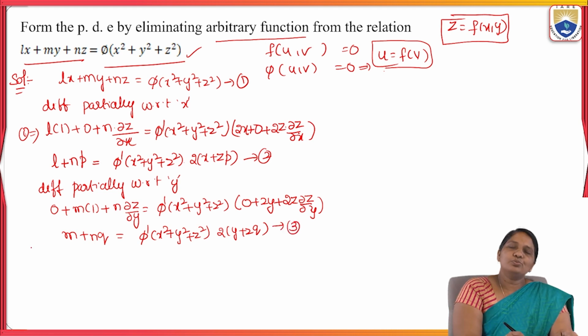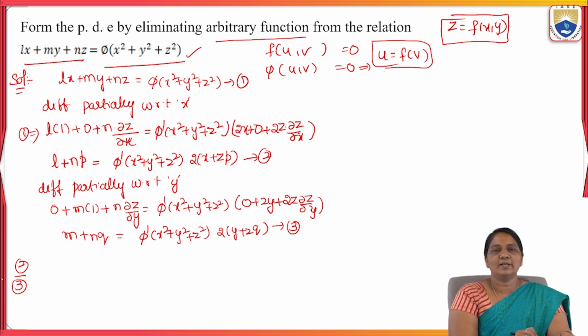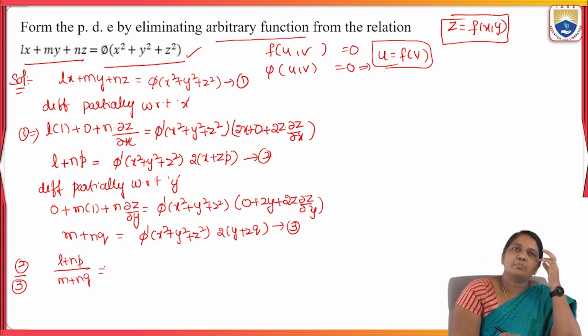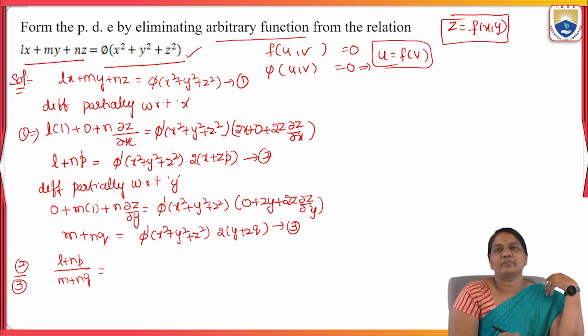Now the first 2 steps are completed. What is the next step? I have to do the simplification. So now I am doing the division here: l plus np by m plus nq equals. In most questions, by doing the division we get the simplification. In some questions you have to multiply with another value and then eliminate the function.